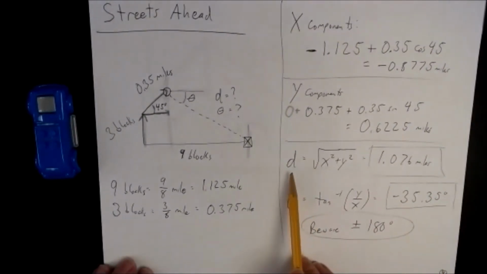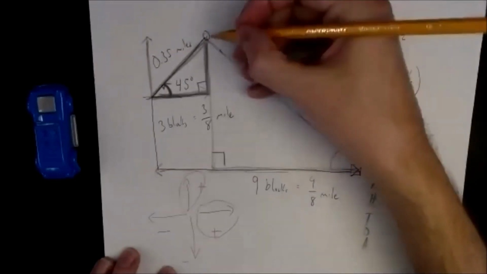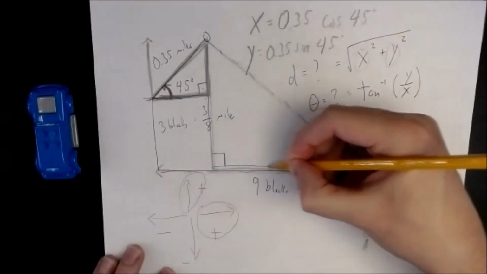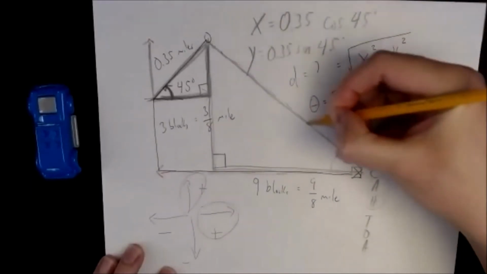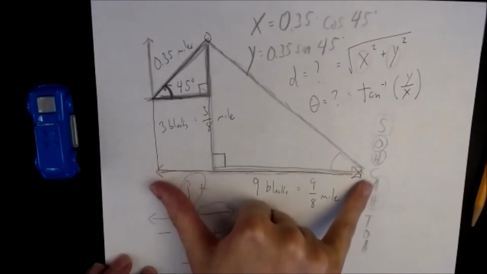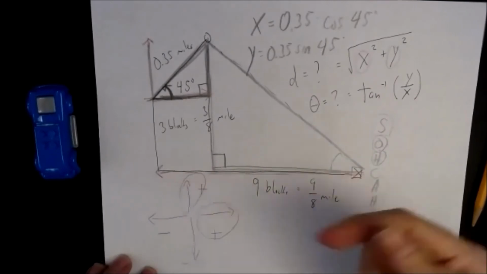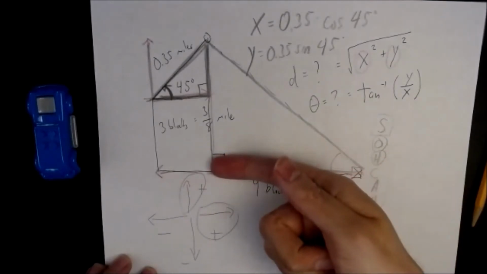Then, to find the distance, we suddenly have our giant triangle right there, where this side is this counteracted against that. This is the positive one. This is the negative one. So this is actually just mostly negative.